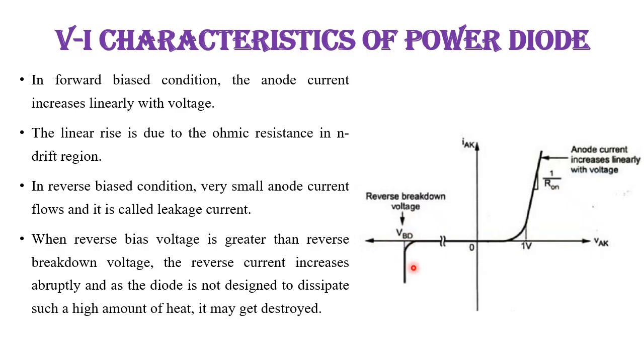After this breakdown voltage, the reverse current increases rapidly, and the diode is not designed for such high dissipation and high heat, and the diode will get damaged. So this is the VI characteristics of the power diode.